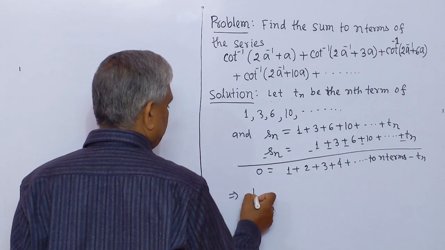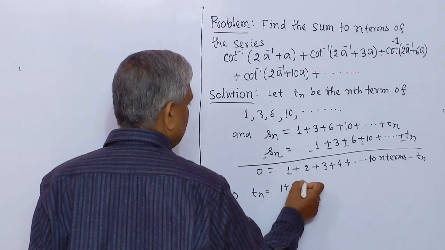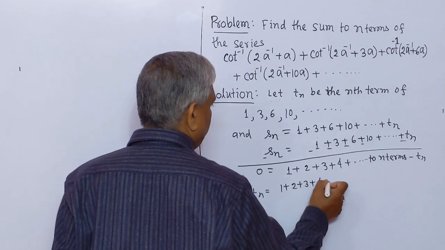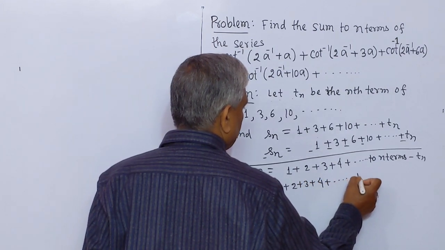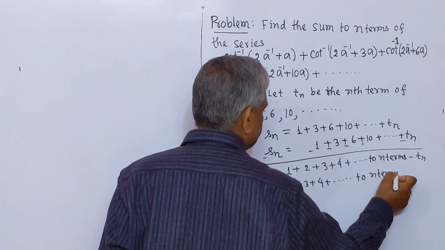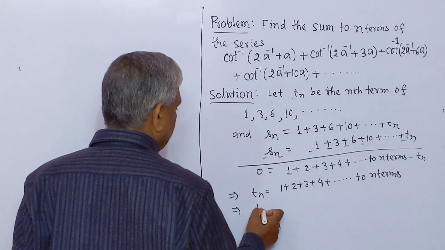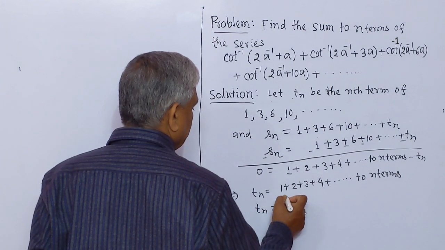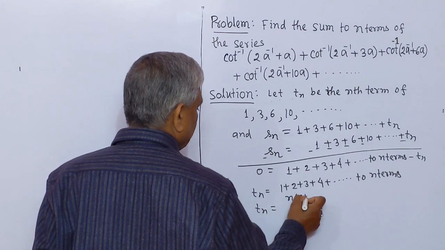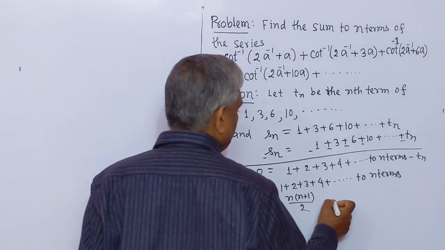This implies that Tn equal to 1 plus 2 plus 3 plus 4 plus dot to n terms, which implies that Tn equal to n into n plus 1 by 2. This is number 1.